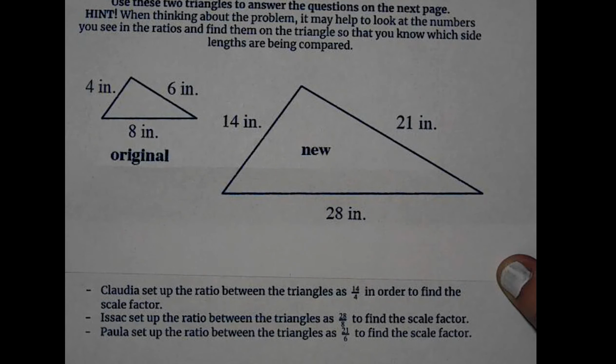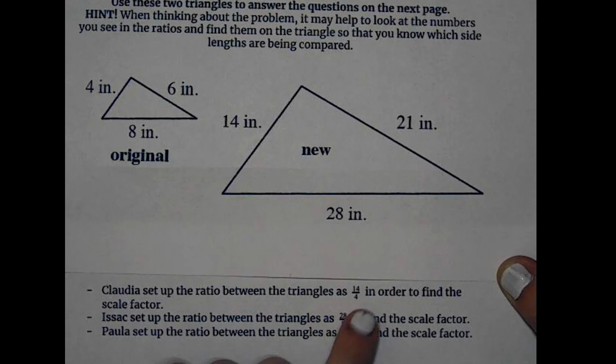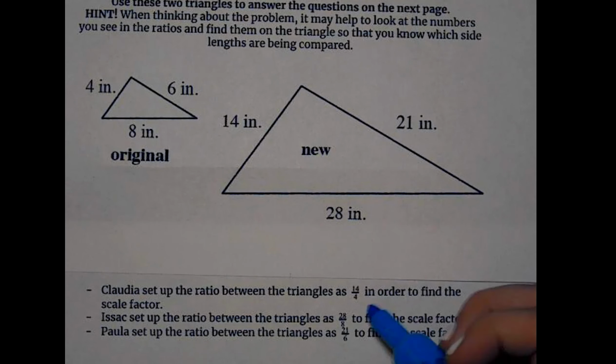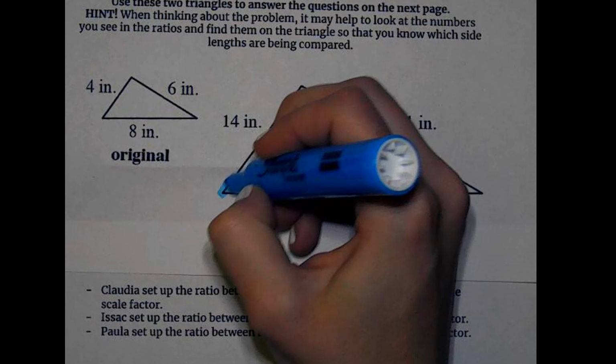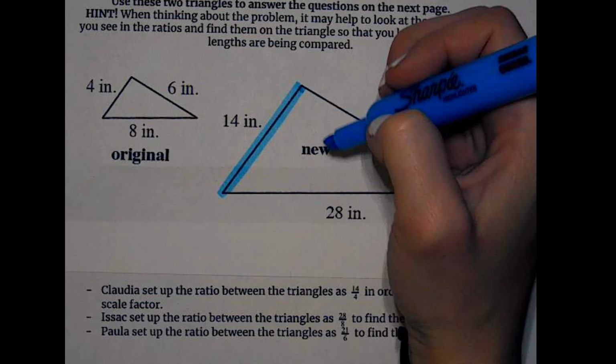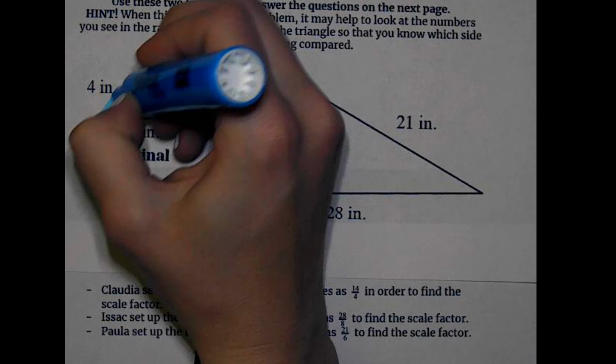Alrighty, so the last hint told you to look at the fractions that you see, the ratios that you see down here, as values on these triangles. And what that means is when you see 14 over 4, you know that it's 14 over 4.